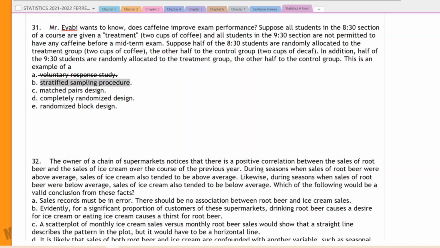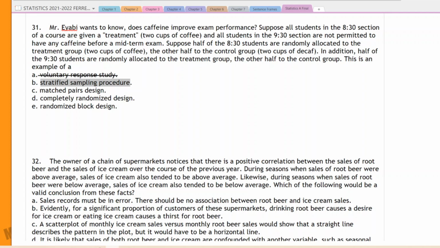And were the students actually put into 2 distinct groups that are similar in ways relating to the response variable? They actually are, because the 830 section is permitted to have the treatment, and the 930 are not permitted to have any caffeine before the midterm exam.